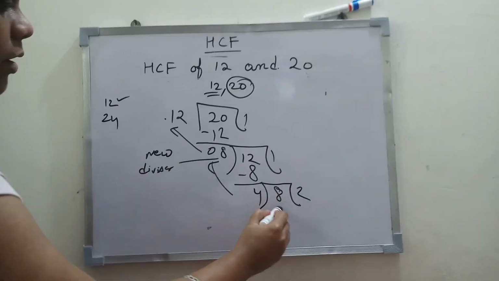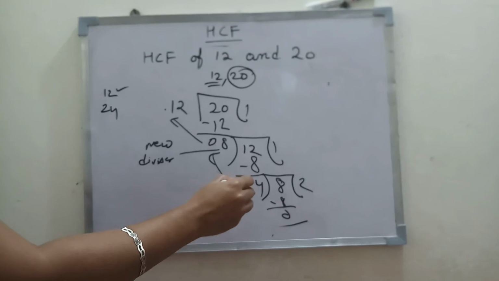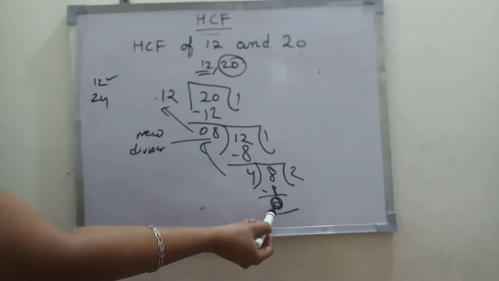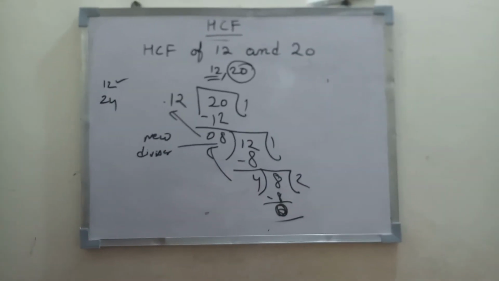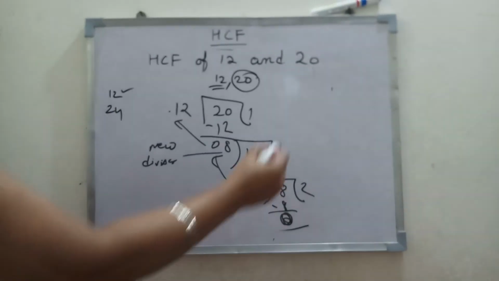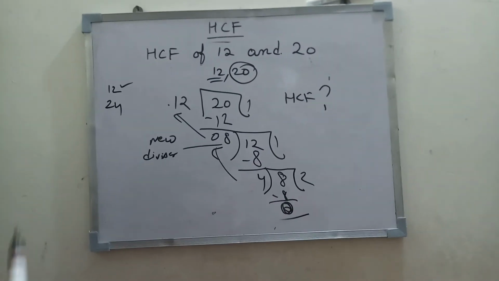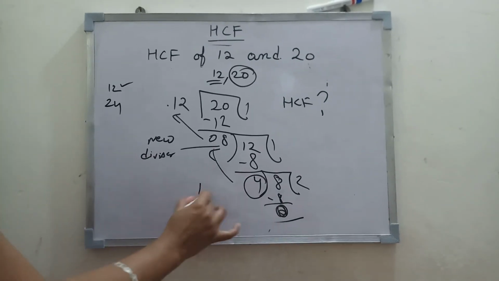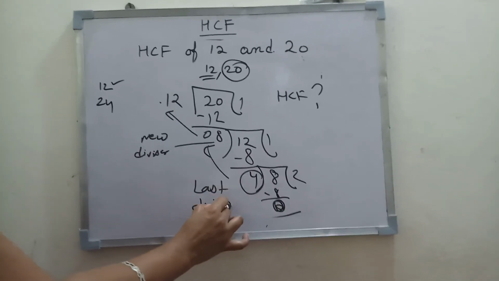4 twos are 8. You have to follow this technique until you get 0 as remainder. Now I get 0 as remainder. That means my task is complete. And you must be thinking, what is HCF then? HCF will be the last divisor.